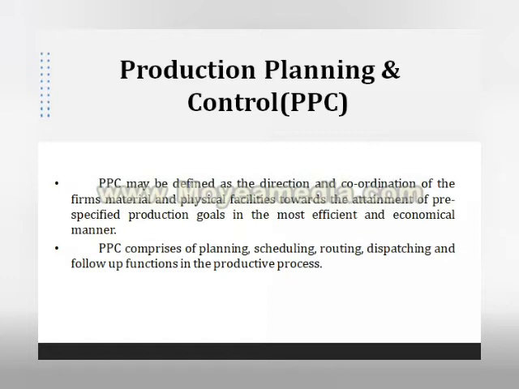Let me define it as a device that regulates the movement of materials, performance of machines, operation of labor in the best technical and economical manner. It comprises many stages: it may start with planning, scheduling, routing, dispatching, and following up activities, where you get the feedback from the market.